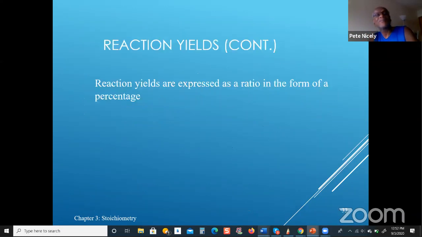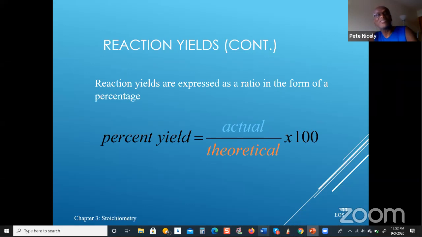So as I was saying, the percent yield is equal to the actual divided by the theoretical times 100%, all right? And in practice, percent yields are pretty low. If you perform a reaction and you get a percent yield greater than 90%, you're doing exceptionally well, right? Because very rarely do you get reactions where the percent yield is above 90%.